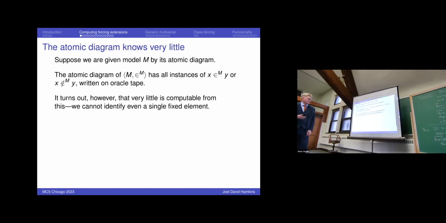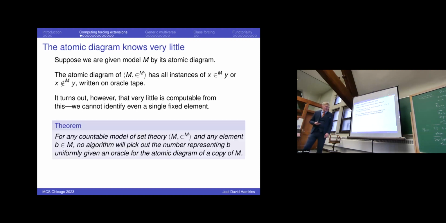Okay, so it turns out very little is computable from that. We cannot even identify a single fixed element, a single fixed set. For example, in any countable model of set theory, for any element of that model, there's no algorithm that will pick out the index of that set. For example, the empty set.